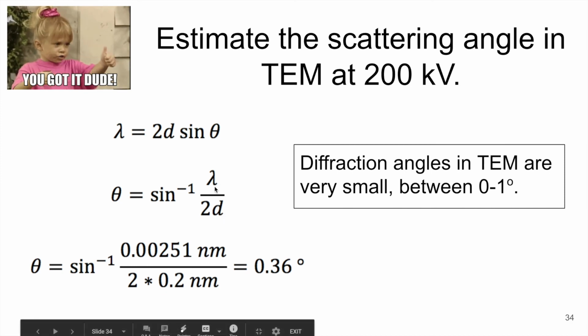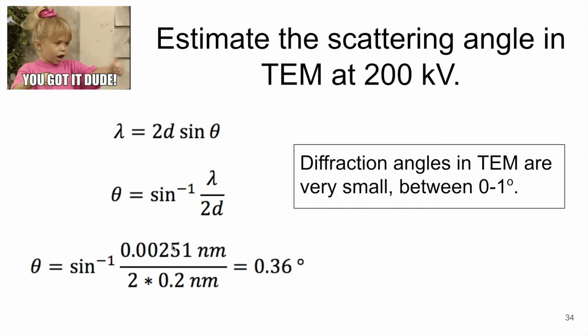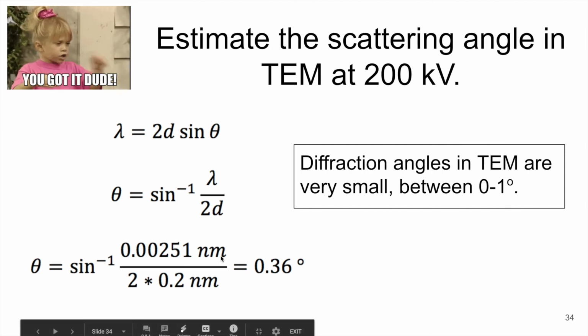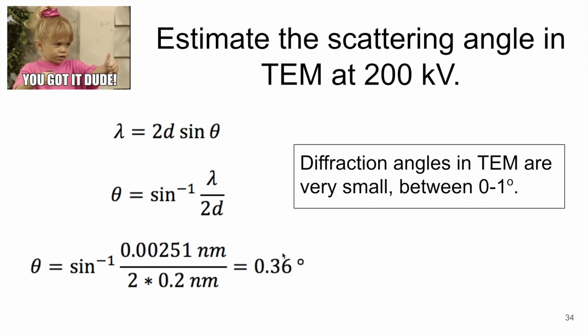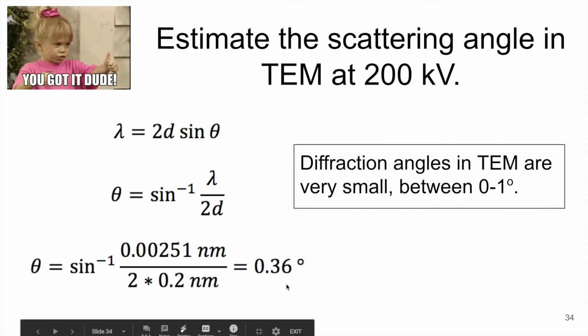The wavelength you can find from the table of electron wavelength, but you do need to know that it is at 20 kV, the accelerating voltage of the beam. Putting those numbers in, and mindful of the importance of units, make sure they are consistent, the angle of this scattering event will be 0.36 degrees.